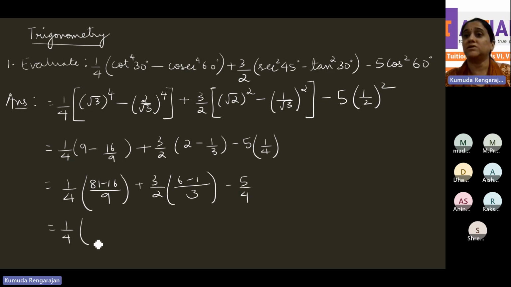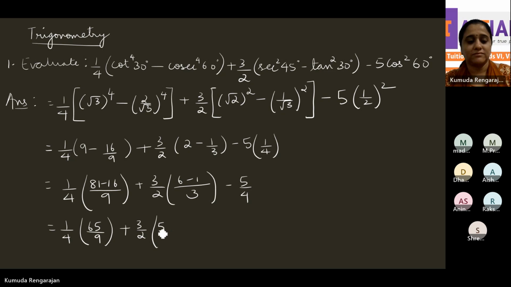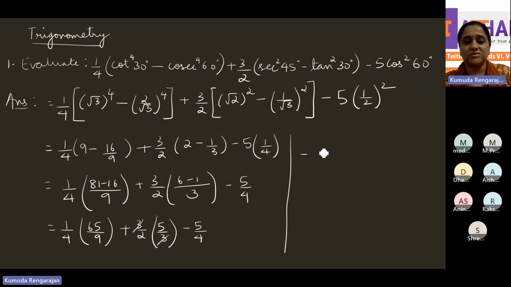Yeah, 81 minus 16, 65. So 3 and 3 you can cancel here. So it'll be 65 by 36 plus 5 by 2 minus 5 by 4.